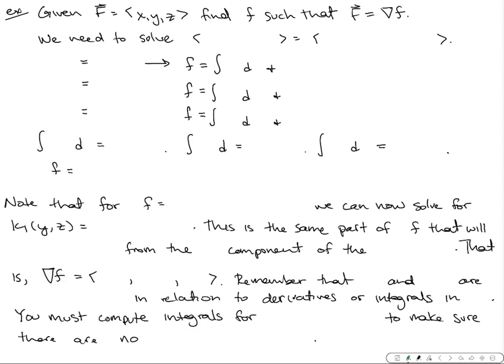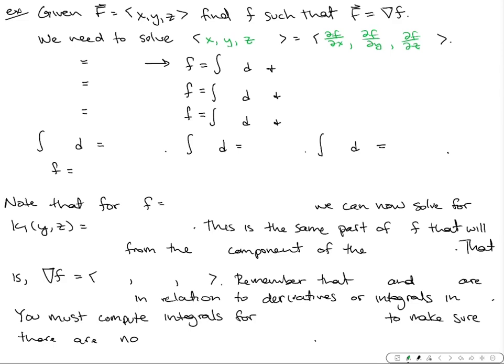So from the first step of our solution process, we know that we need to solve the equation where the F that we were given, x, y, z, is equal to a gradient vector, df dx, df dy, and df dz. The challenge here being that we don't know what that little f is.